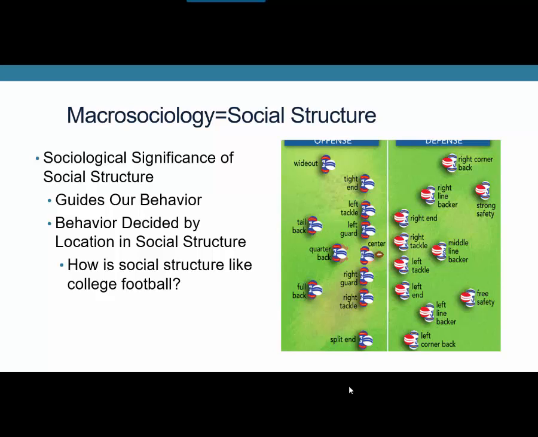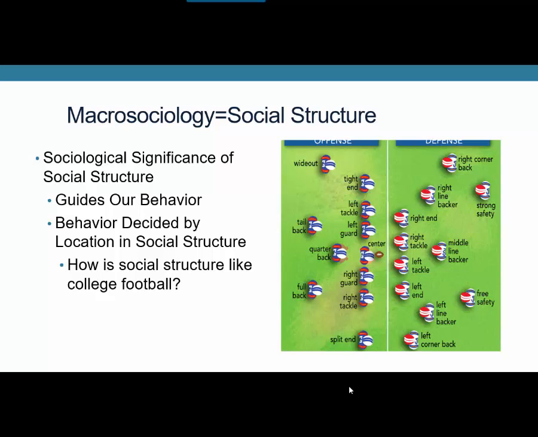It lets us know what options are available to us, what people expect of us. It allows us to predict how other people are going to behave in general or particularly towards us. And the example you see here is a football field with the positions identified.